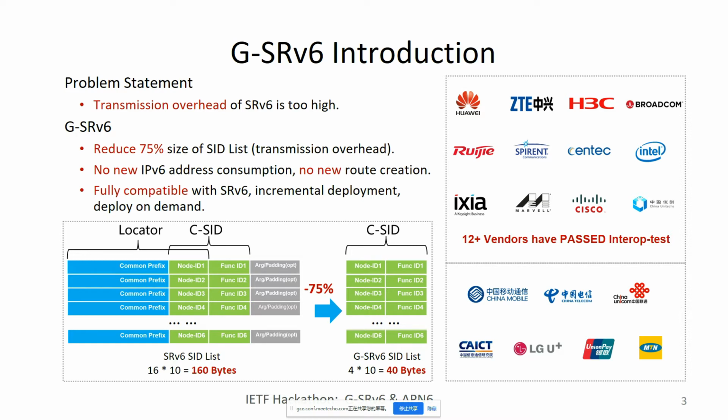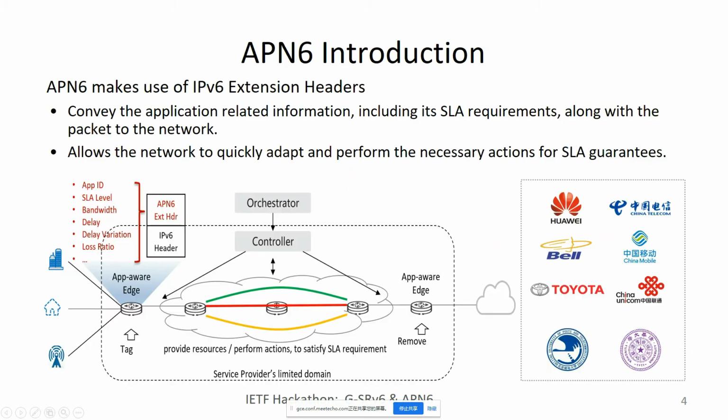So you can deploy G-SRv6 incrementally and on demand. It is fully compatible with SRv6. By the way, there are about 12 vendors whose devices have passed the interoperability test of G-SRv6.